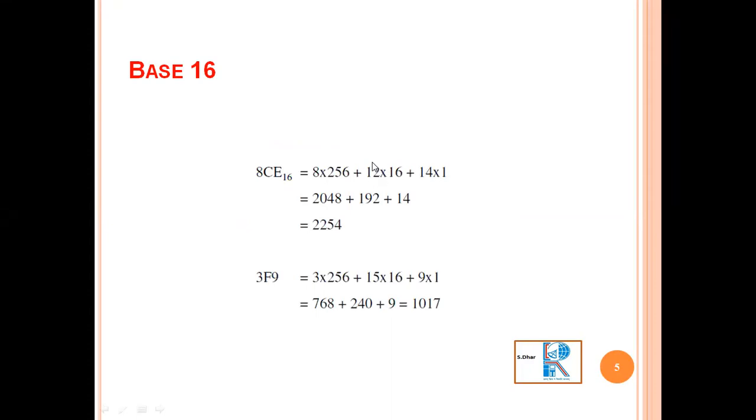So C means 12. 12 into 16 to the power 1. And 8 into 16 to the power 2. That means 256. If I add up, we will get the number in decimal. So this is the conversion of a hexadecimal to a decimal number. There is another example. It is the same. Clear? So this is base 16 to decimal number.